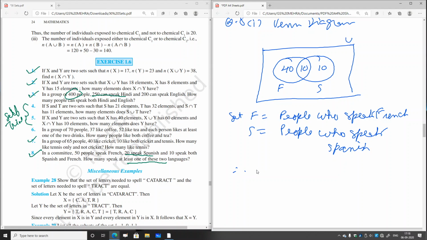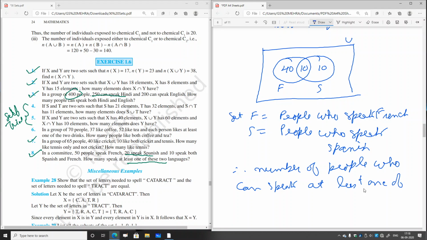Therefore, the number of people who can speak at least one of the two languages is equal to 40 plus 10 plus 10, and that is equal to 60. So this is the answer of question number 8.